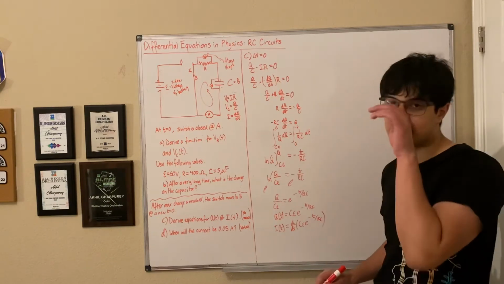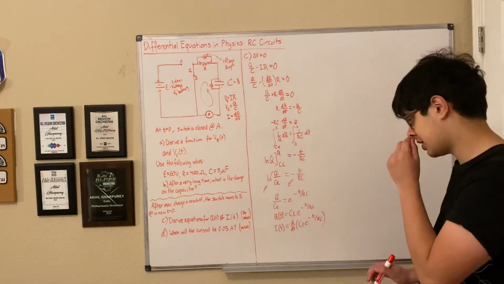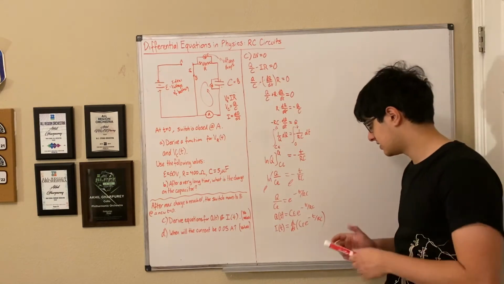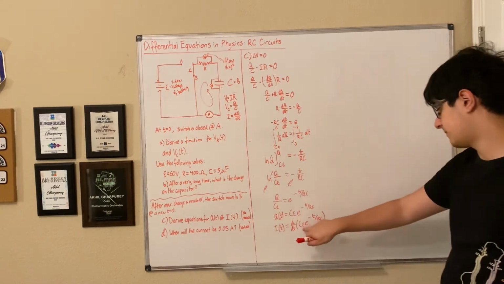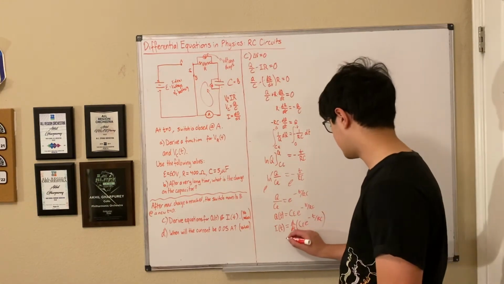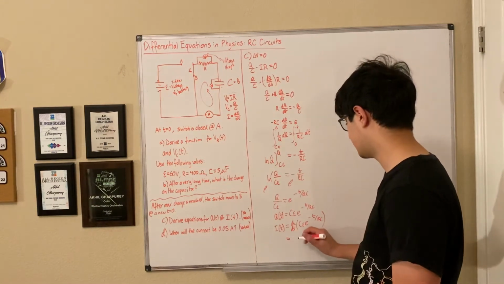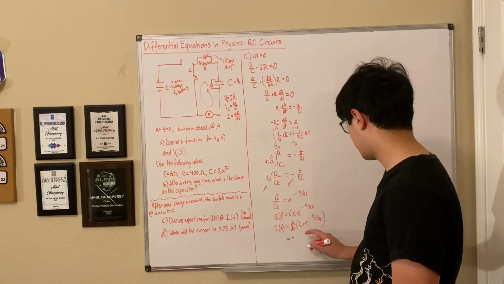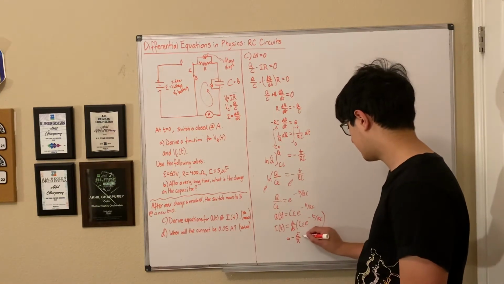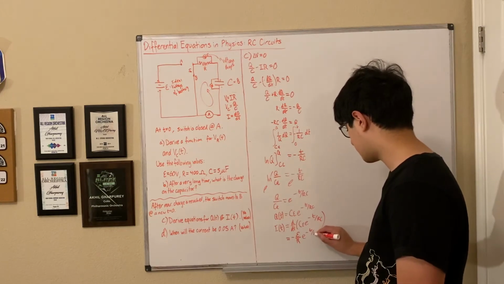And we do the same thing where we pretty much just move everything to the other side. So what we're going to say is that this is equal to negative epsilon over R e to the negative t over RC.